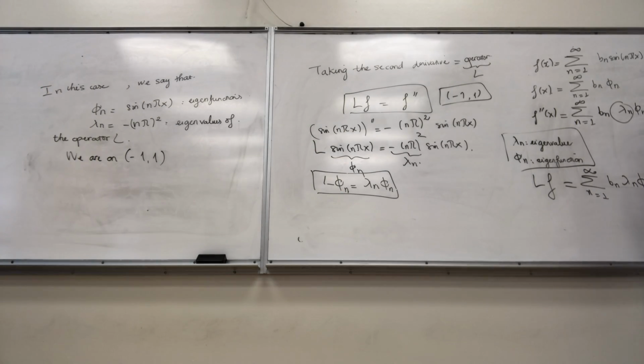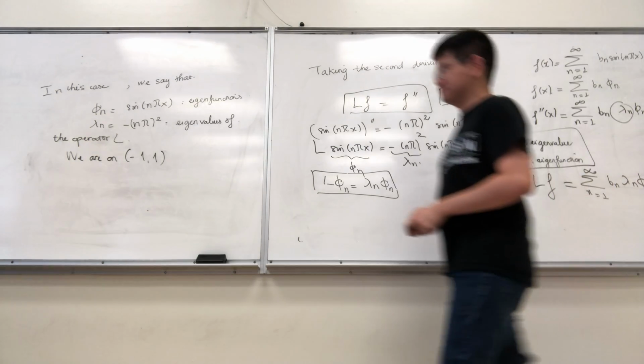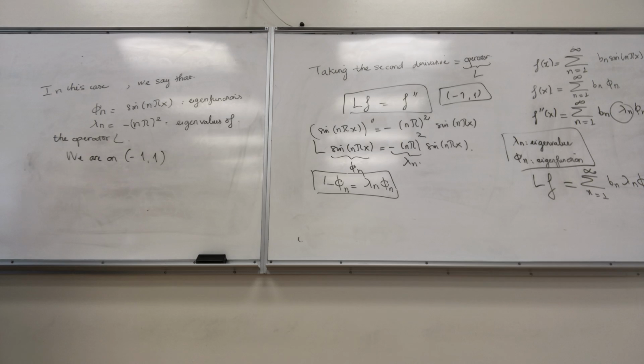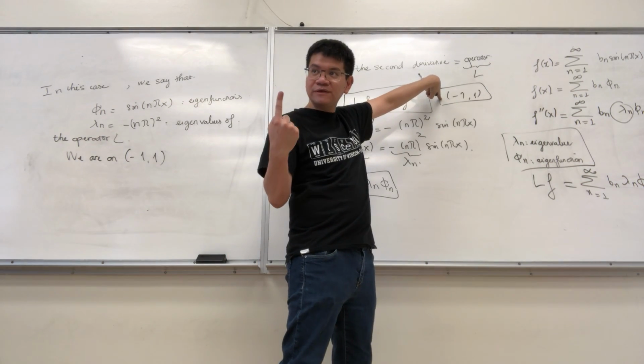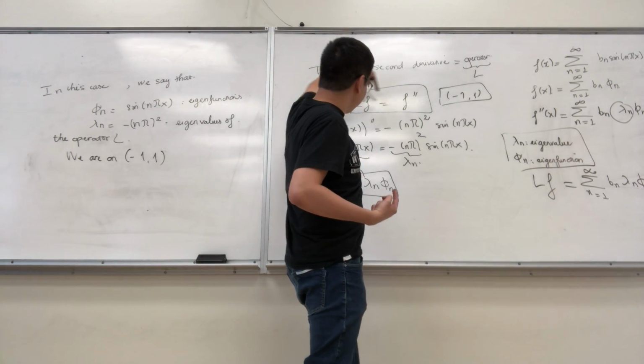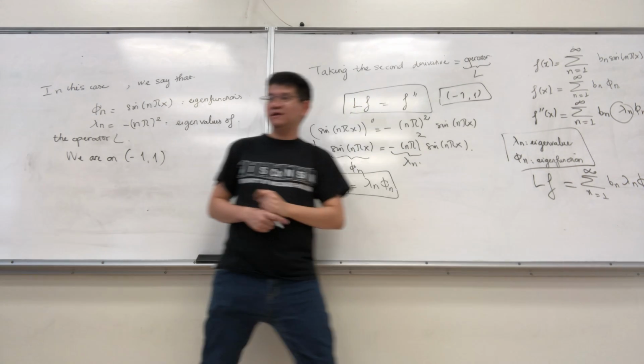So my question is, if you have other types of operators, do we have eigenvalues and eigenfunctions? Now, the operator here is L f is the second derivative of f, right?